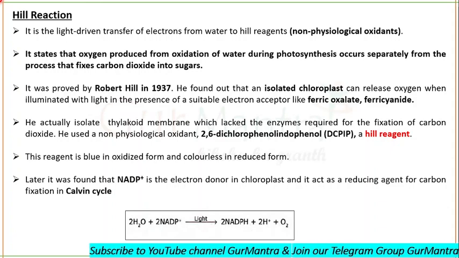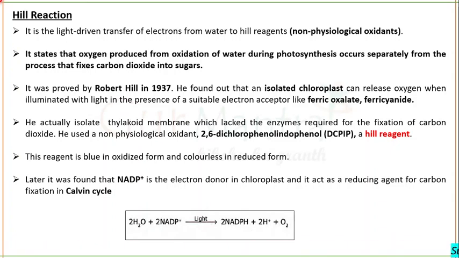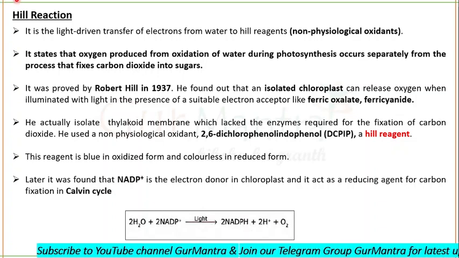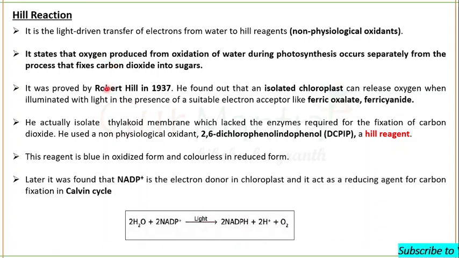Okay, so the reduction of carbon dioxide will be a separate process, and the oxidation of water molecule, which will result in the evolution of an oxygen molecule, is a different process. So this was proved by Robert Hill in 1937.